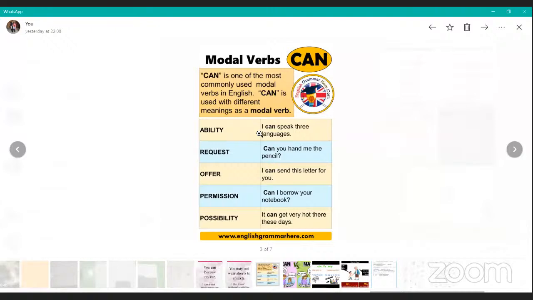I can dance. I think you have finished now, because you need to write simple 5 sentences. Shall we move on to the next one?